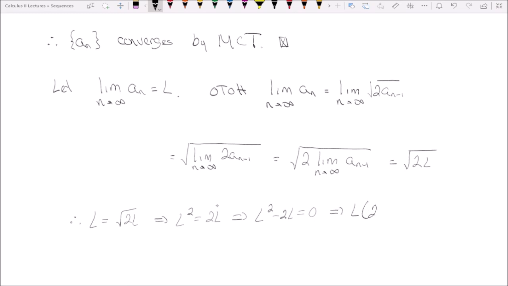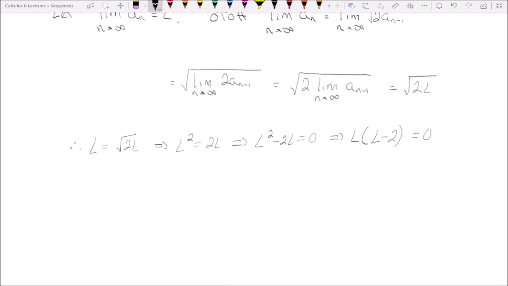Obviously this means that L times L minus 2 is 0, which implies that L itself is either 0 or 2. However, root 2 is a lower bound.